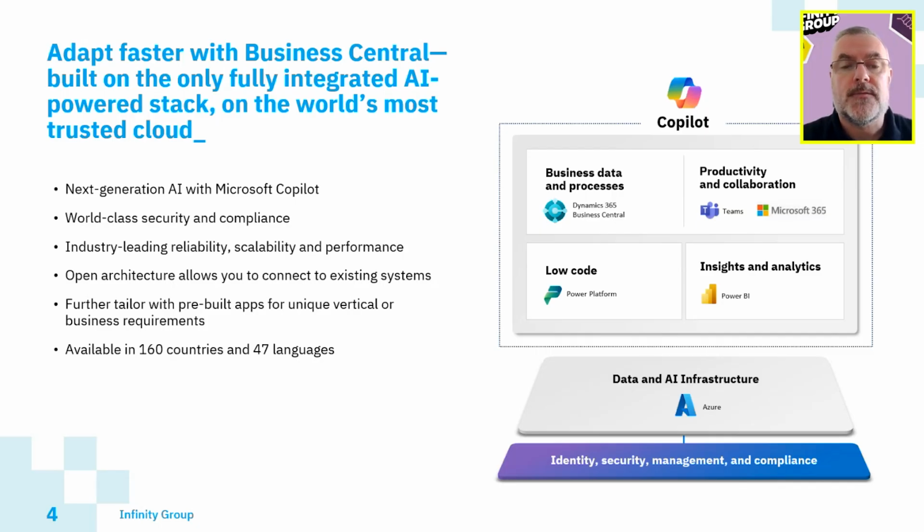It sits on Microsoft Azure, the largest cloud platform from Microsoft, with all of the security, backups, compliance, and identity management that's built within Azure. But around all of this is Copilot, and Microsoft have decided to call pretty much everything a Copilot. So we hear about Copilot in Excel, Copilot in Outlook, Copilot in Business Central.